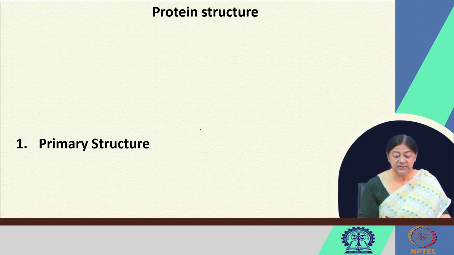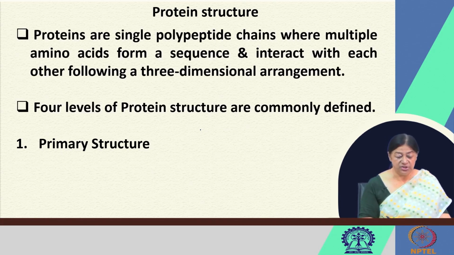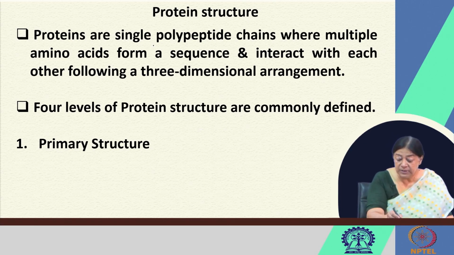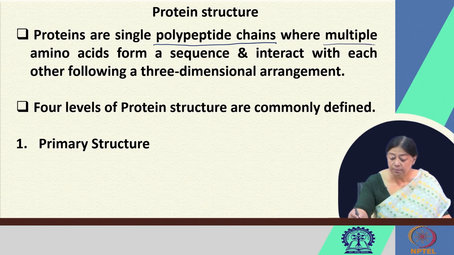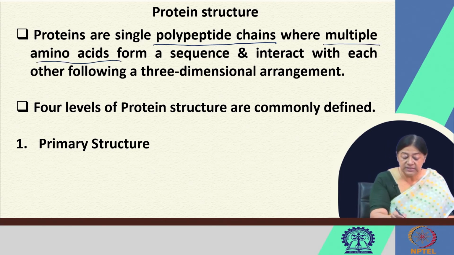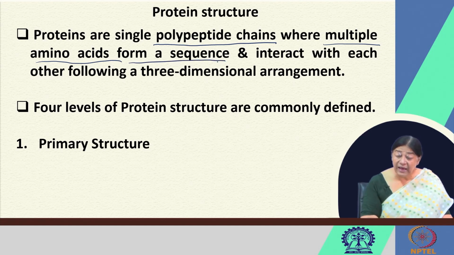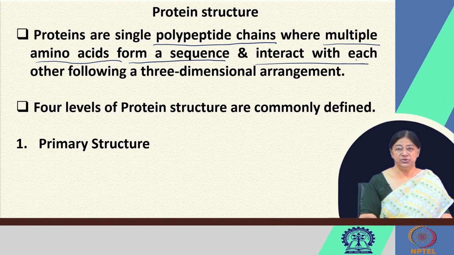Now, when we consider the protein structure, there are different levels. The primary structure is one such level. What do we have for these proteins? As we saw in the class for the peptide bond, we had the formation of a polypeptide chain. Now, this polypeptide chain has a combination of multiple amino acids that form a sequence, and their interaction with each other finally forms a three-dimensional structure.